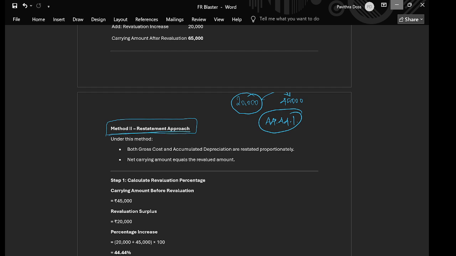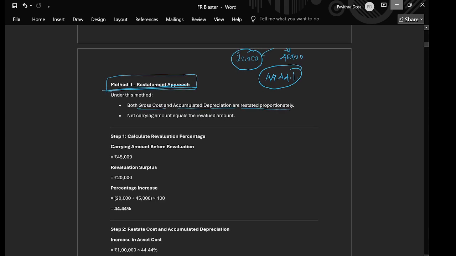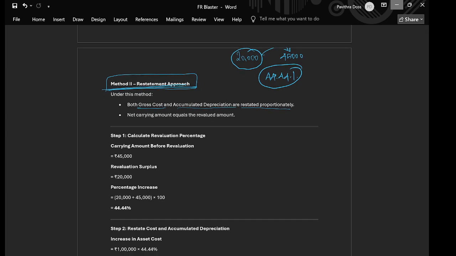This is the restatement approach, which means both the gross cost and accumulated depreciation are restated proportionately. So let us restate the gross cost. What is the gross cost? 1 lakh, right? And accumulated depreciation of 55,000 we had. Clear? So there's going to be a jump of 44.44 percent.